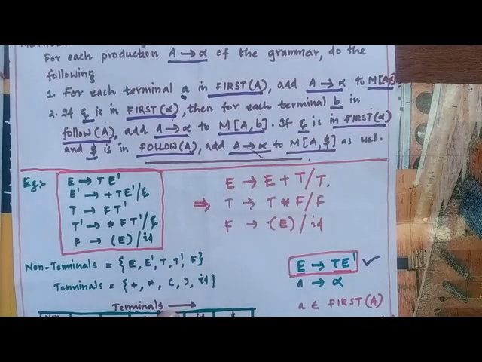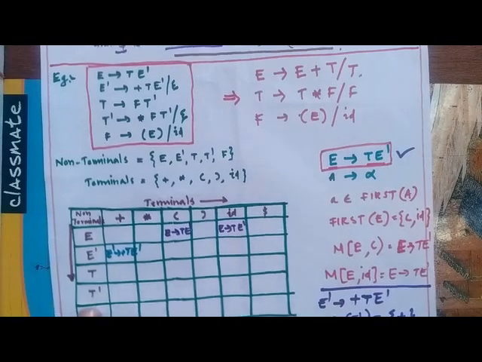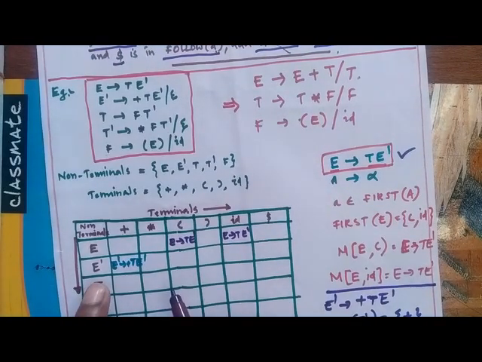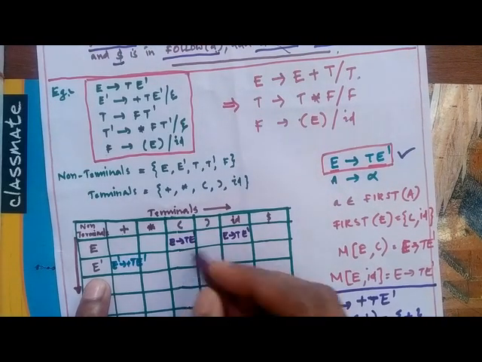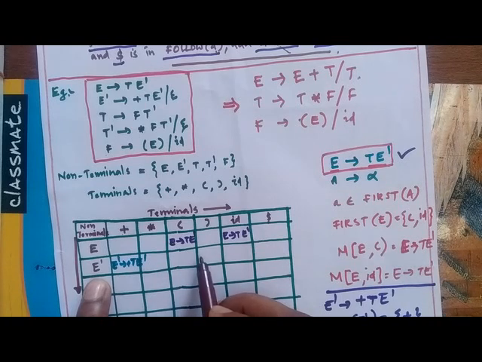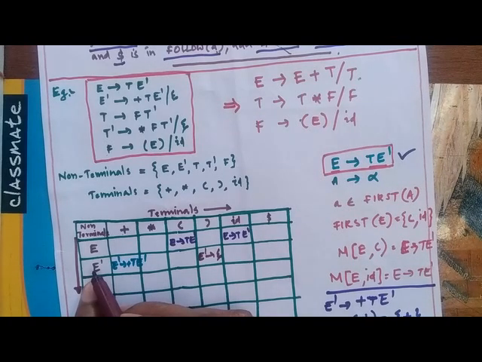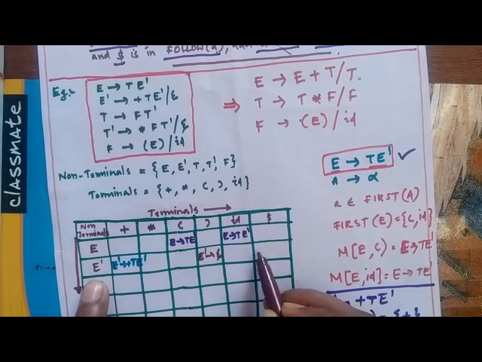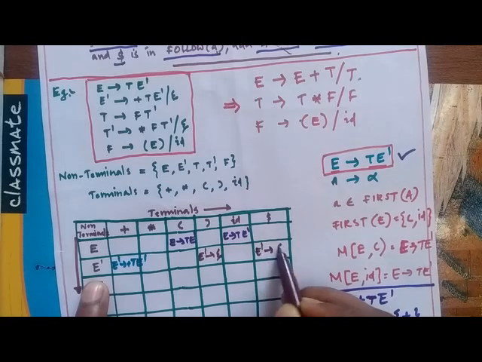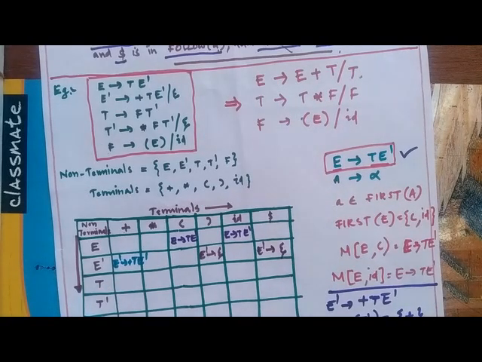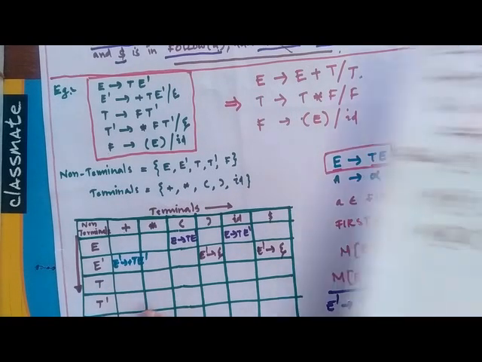So these two we will add here. M of E dash, right bracket, here we need to add E dash gives epsilon, and M of E dash, dollar, also we will add E dash gives epsilon. That is solved.